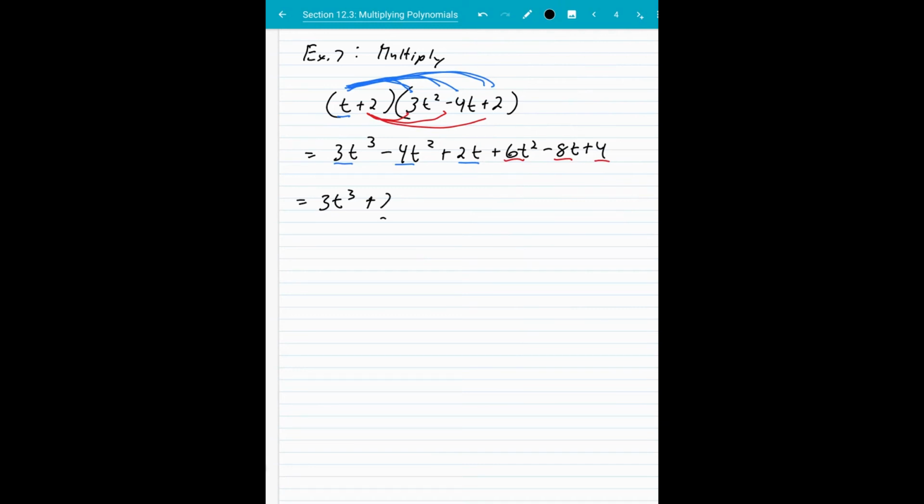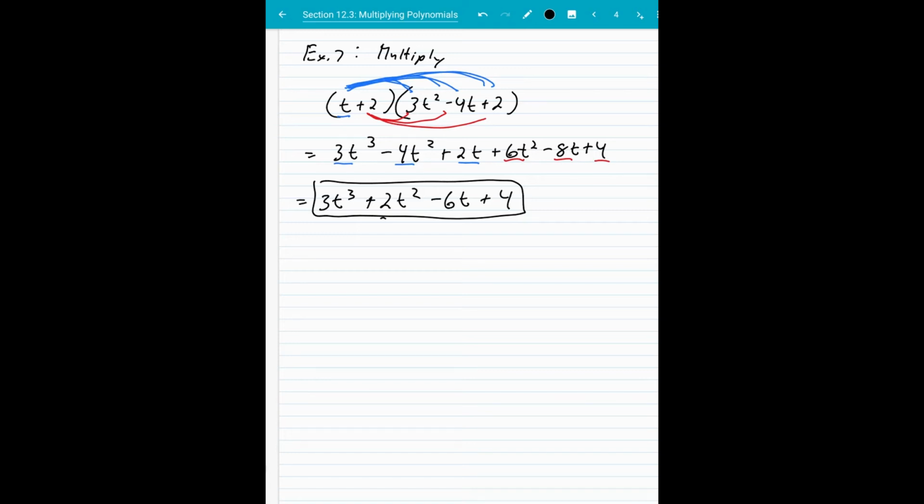That makes plus 2t squared. Then I have a 2t and a negative 8t. That's going to make negative 6t. And then I just have a 4 by itself. And there's your answer. So the more numbers you have multiplying, the more complicated it can get. There's a lot more going on.